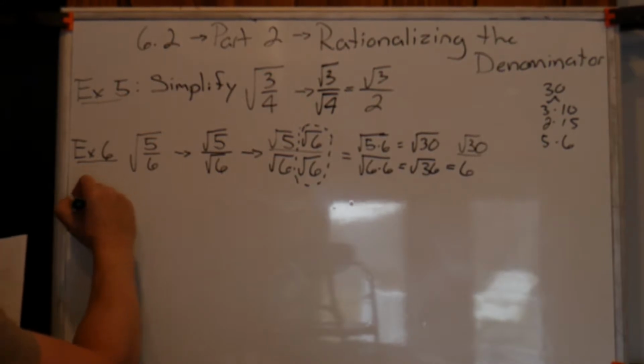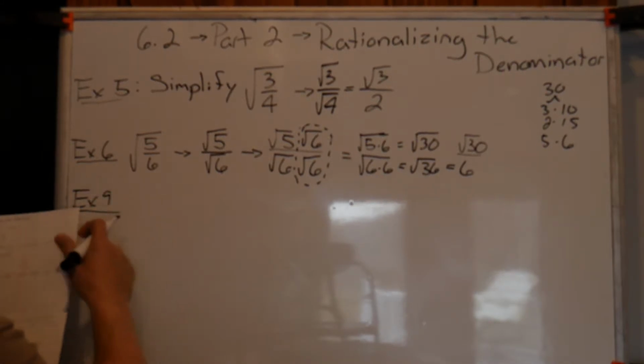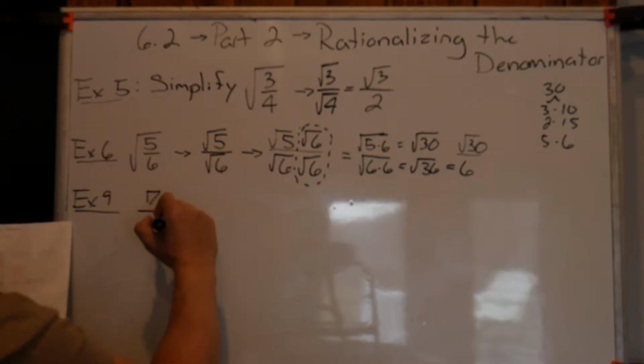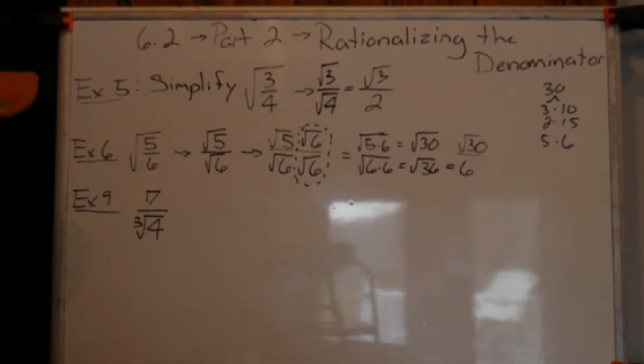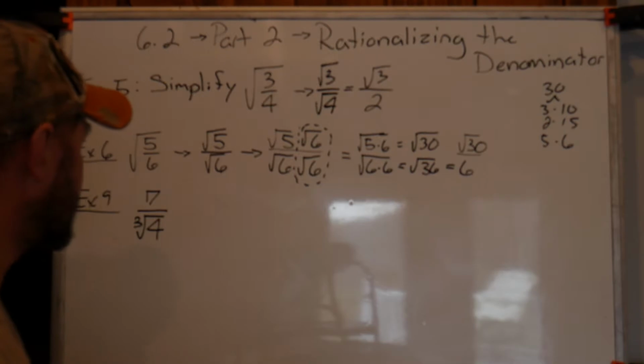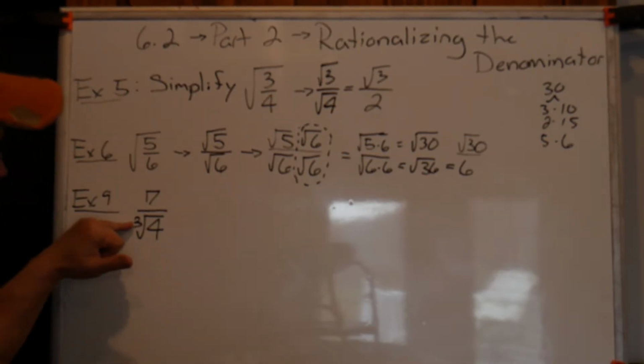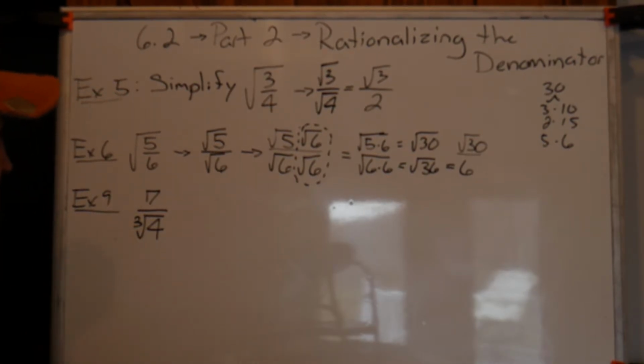Now example 9 is where they try to throw us off a bit. They give us a cube root of 4. And when they give us something like this, there's a lot of thought involved. We need to think of a perfect cube that 4 divides into, and how do we get that?